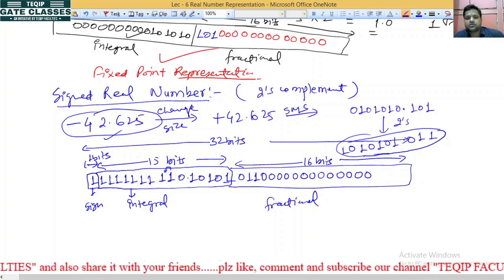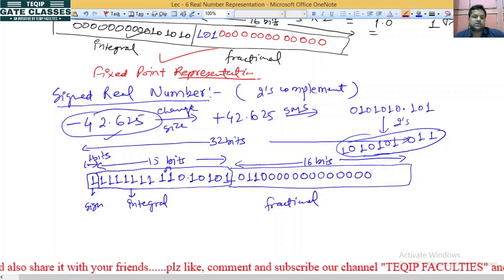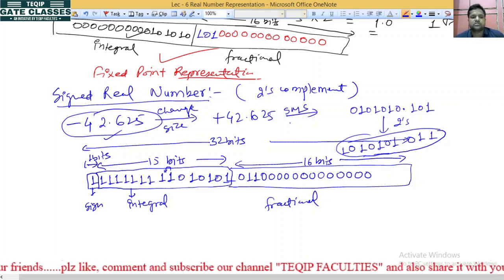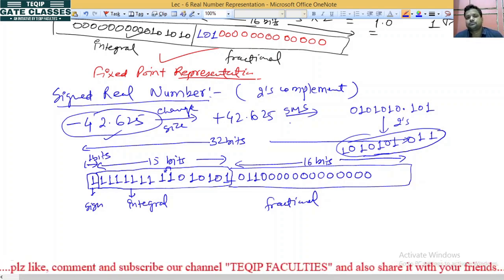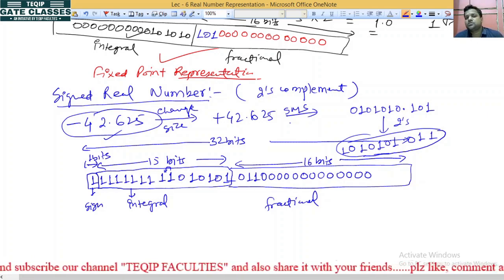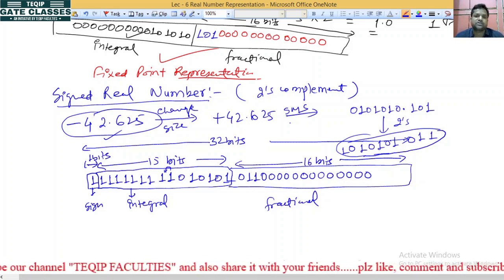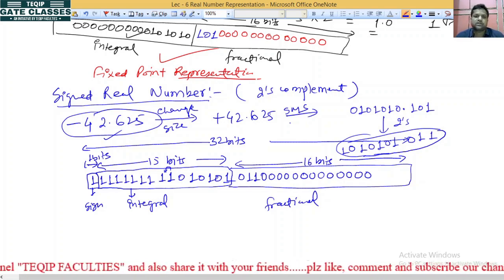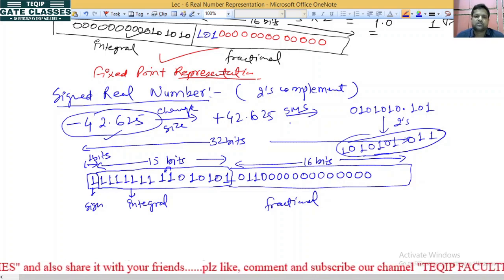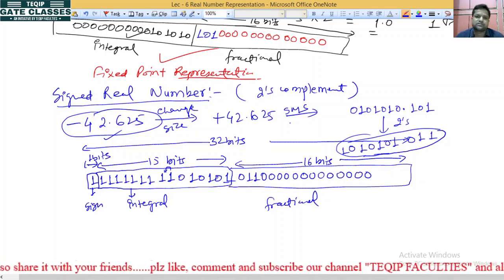Since the sign takes only one bit, the remaining 15 bits are allocated for the integral part. Okay na? So in this way you can store a signed real number in fixed point representation. It is not very important, but you have to know all this.